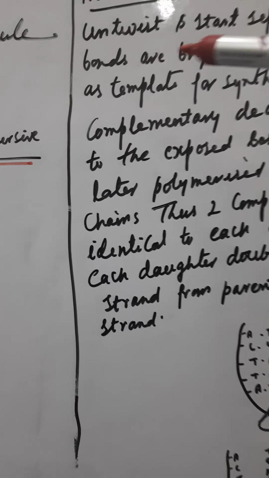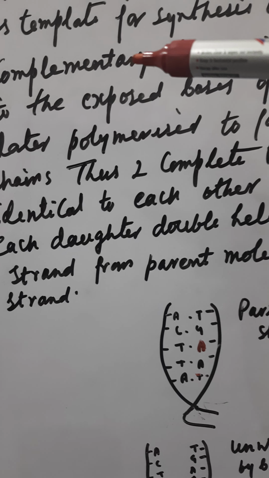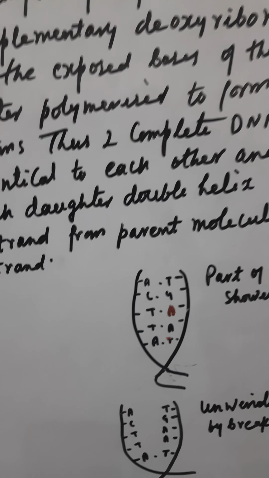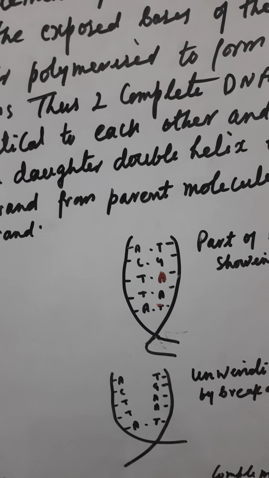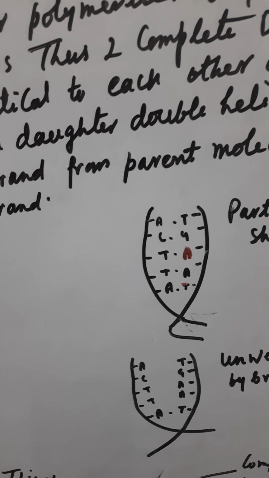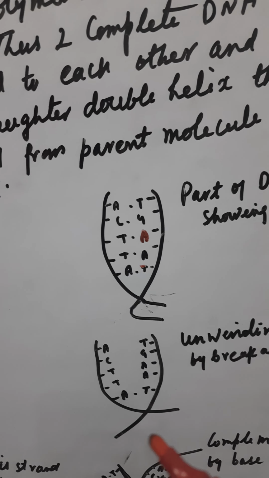Now children, we are coming towards the semi-conservative model of replication. The semi-conservative model of replication was given by Watson and Crick, and this is a mechanism which can be exemplified with a zipper-like pattern.